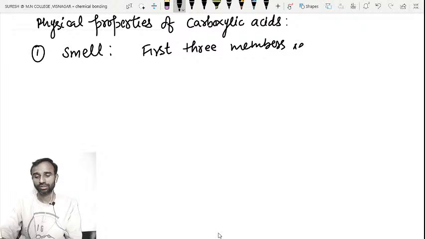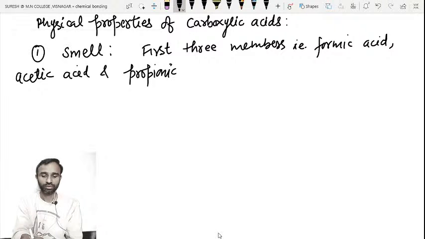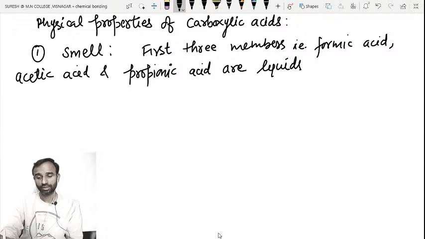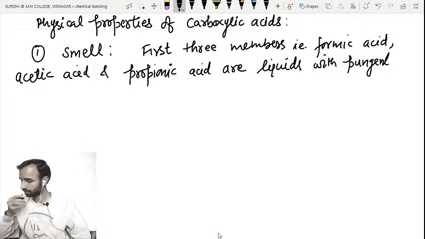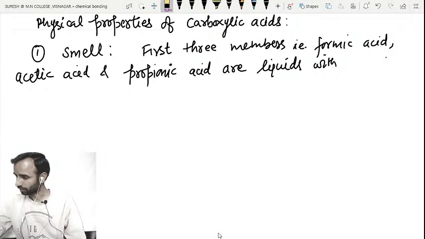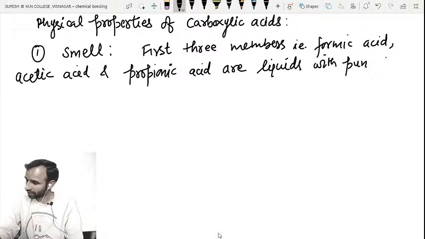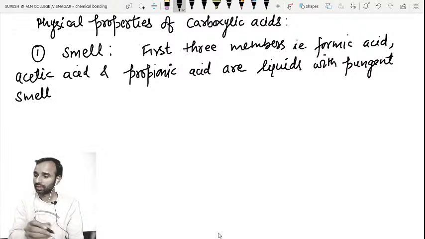The first three members, that is formic acid, acetic acid and propionic acid, are liquids with pungent smell. Okay, with pungent smell.